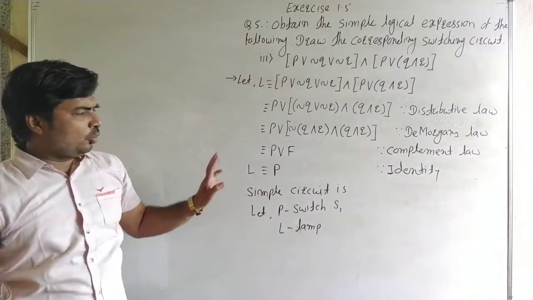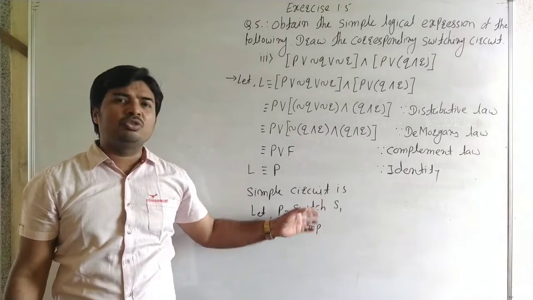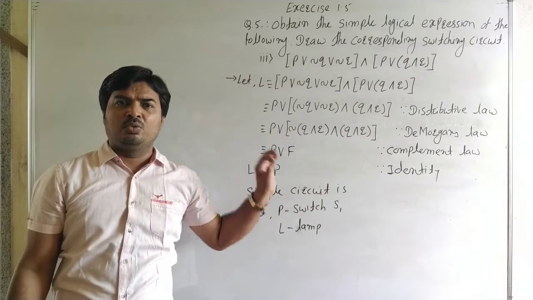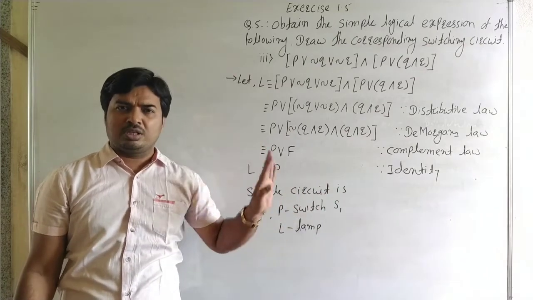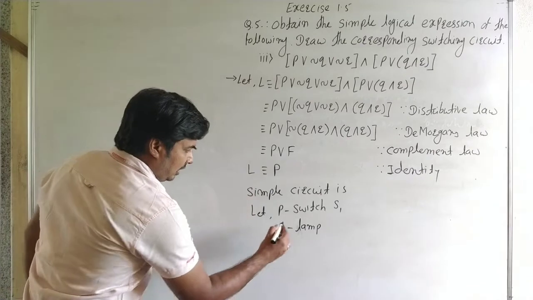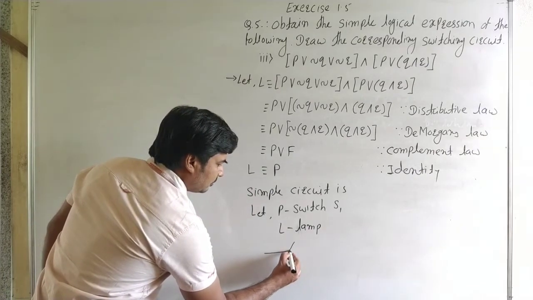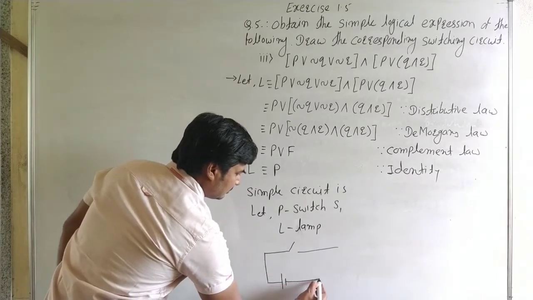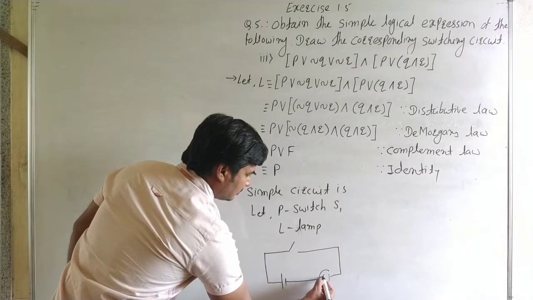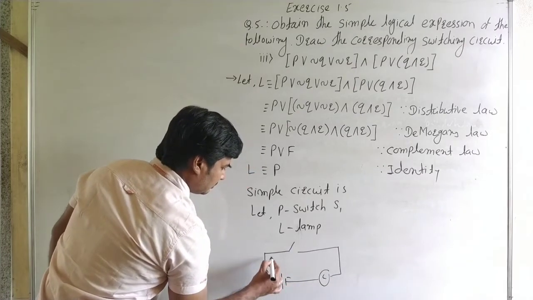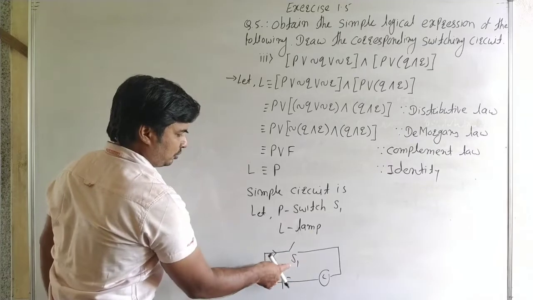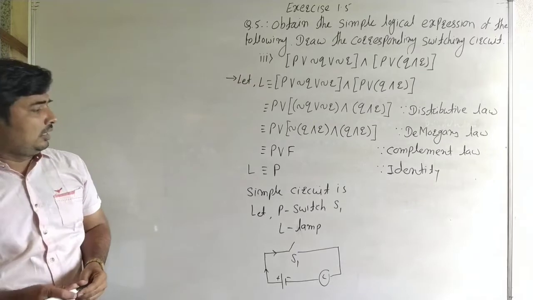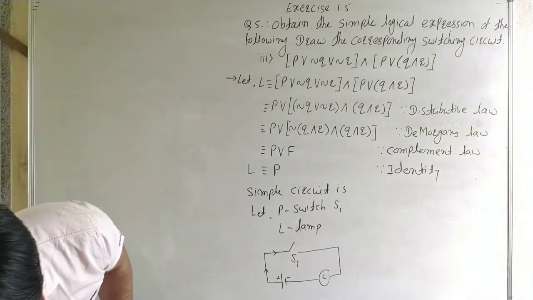Okay, here there is only one switch, so we consider switch S1 or only S. P is a switch, only one switch, so we consider S1. It is the simple circuit for this logical expression. Okay, now we see the last example.